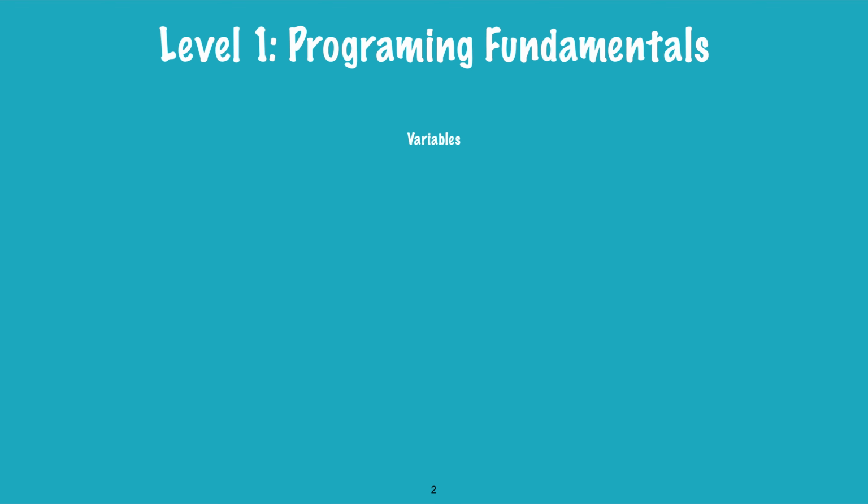And by that, I'm only referring to variables, control flow, and that includes for loops, while loops, if-else statements, and switch statements, and functions. So these are the bare basics that you need. You need to understand how to declare variables, you need to understand control flow, and you need to understand what functions are.